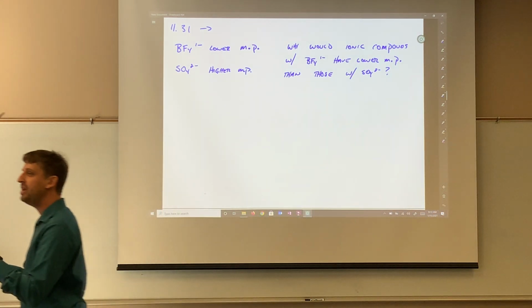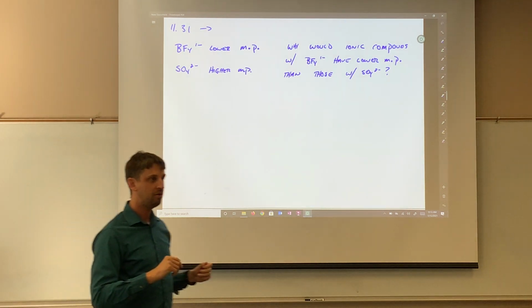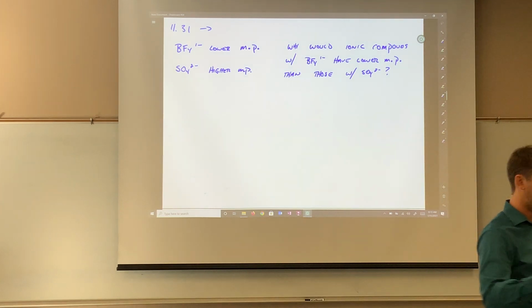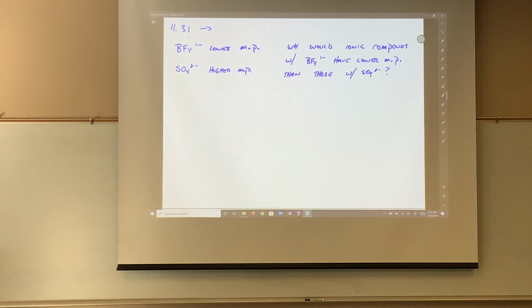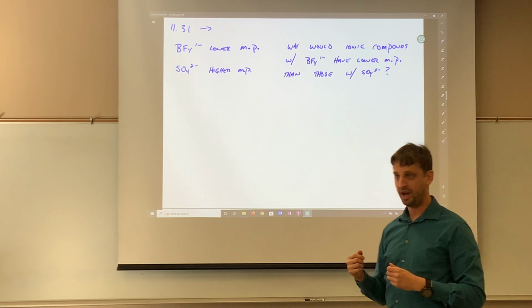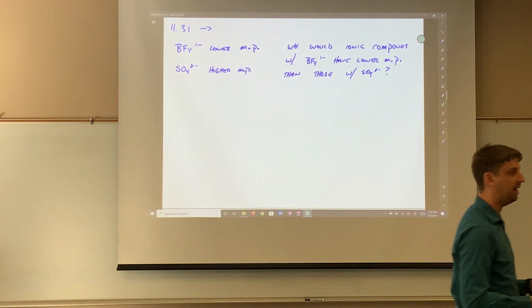There is no single answer for why this happens. What you're saying is, wait a minute, I see arguments in both directions. That's why the question isn't asking which of these two will have the lower melting point. It says, explain this observation. So I gave you some data and said, use what you know to explain that.